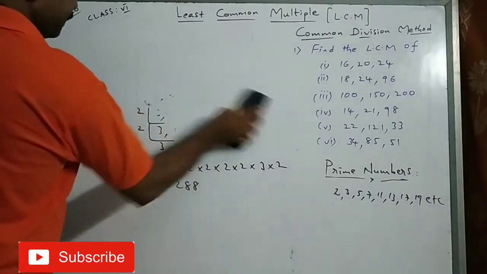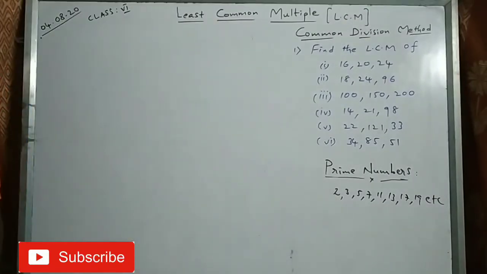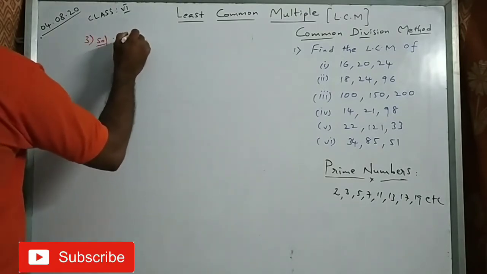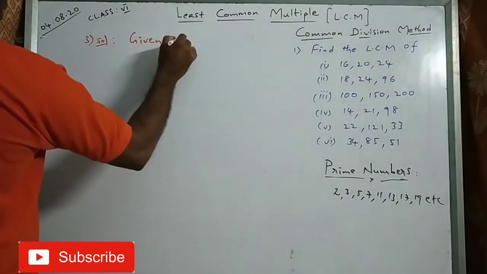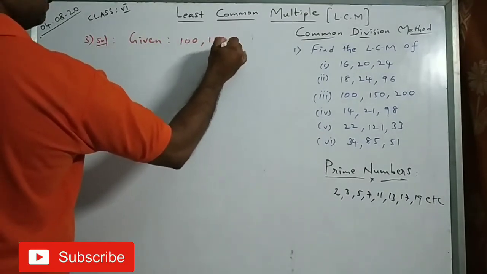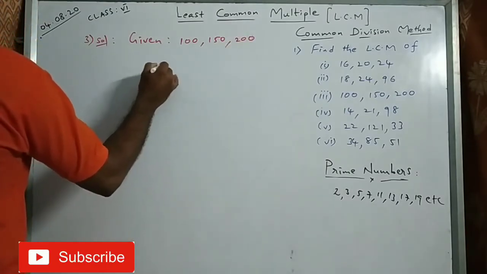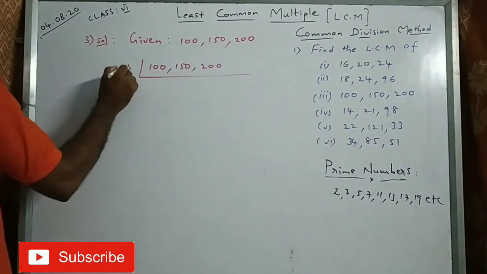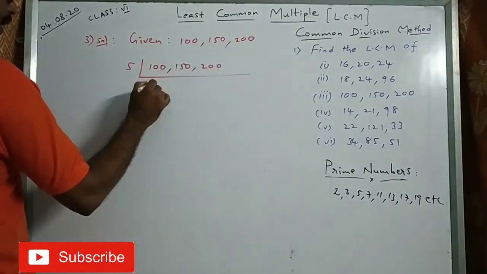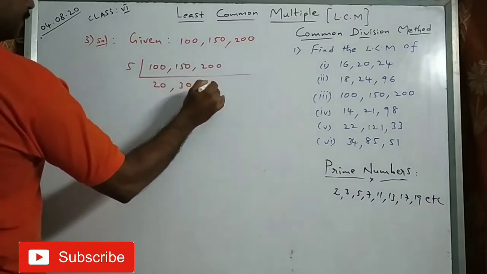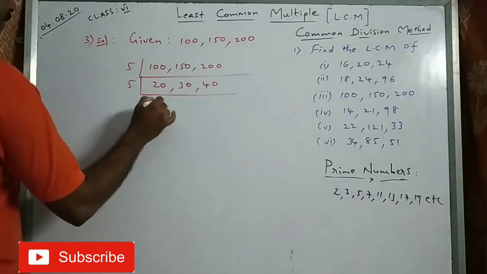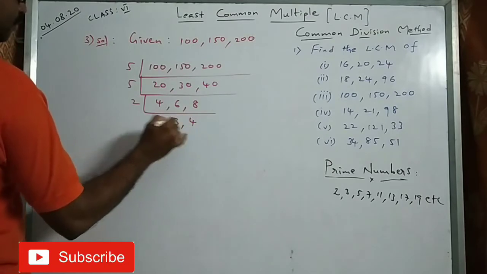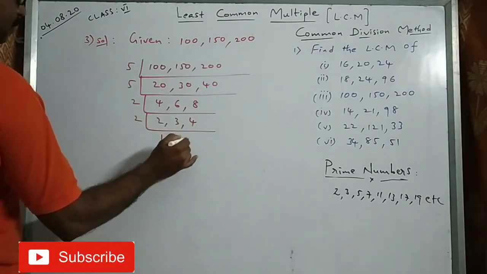Third one we will see. What is given? 100, 150, 200, little big numbers. So I will take 5 because they are all multiples of 5. 5 2s are 10, 5 3s are 15, 5 4s are 20. Again 5 will go, 5 4s, 5 6s, 5 8s. 2 2s, 2 3s, 2 4s. 2 1s, 2 2s.